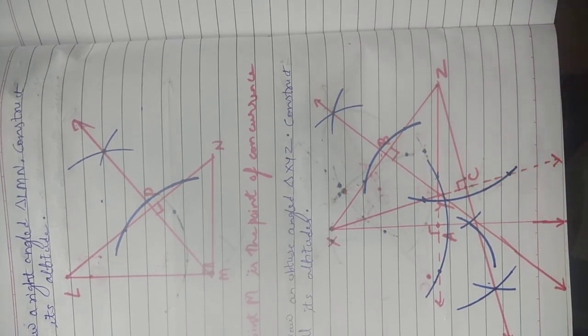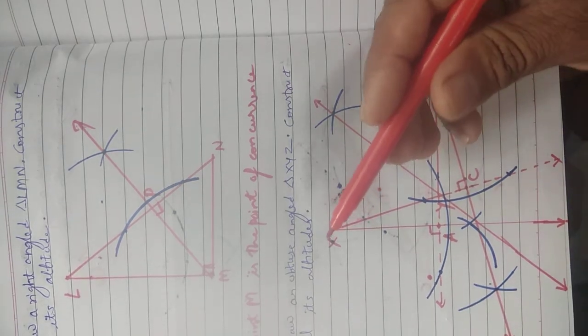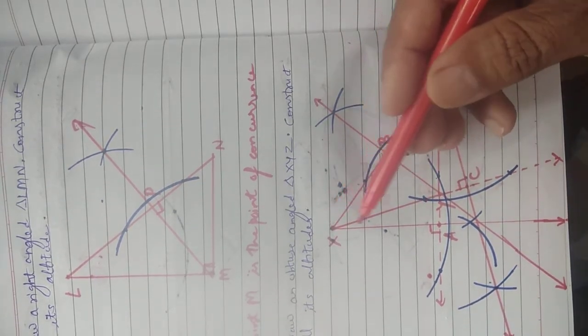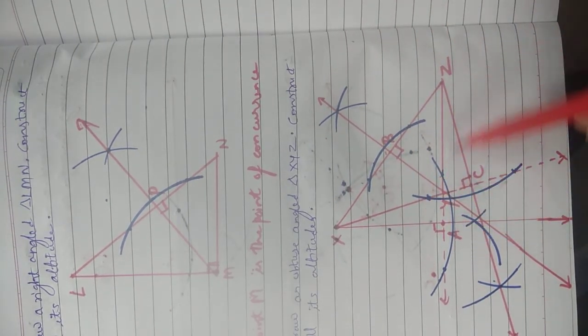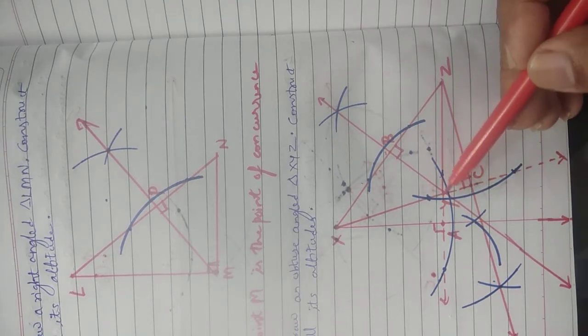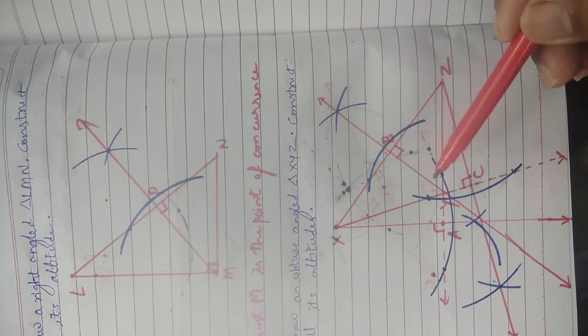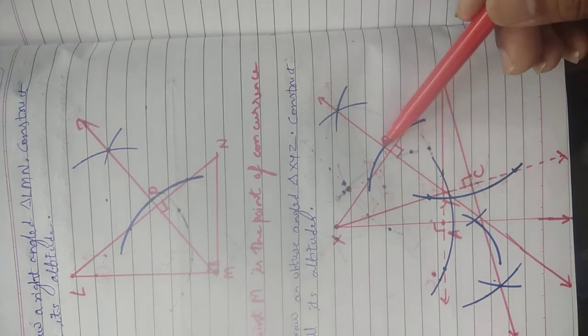Okay, so tell me the names of the three altitudes. The first altitude is drawn from X, so it is what? XA, which is perpendicular to its opposite side YZ. Then the second altitude is drawn from Y to its opposite side XZ. So the name of the second altitude is YB.